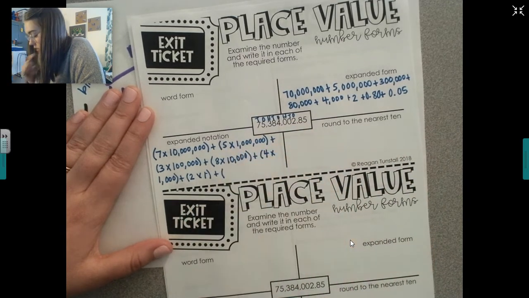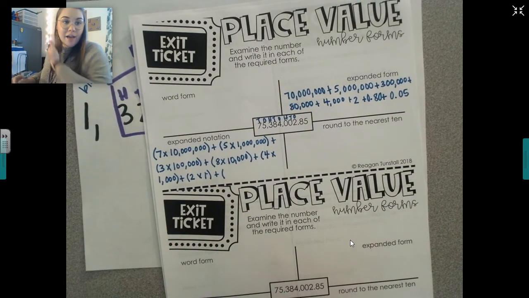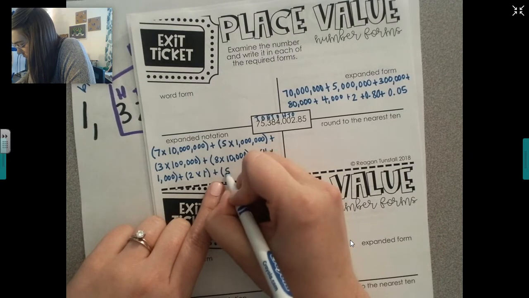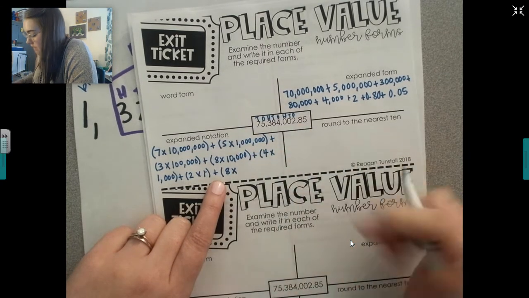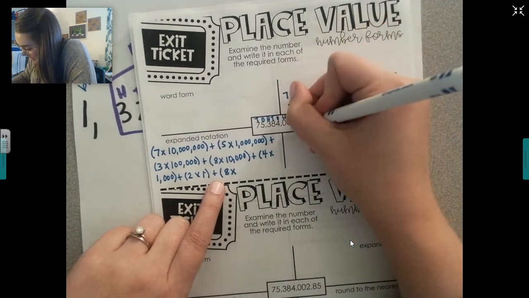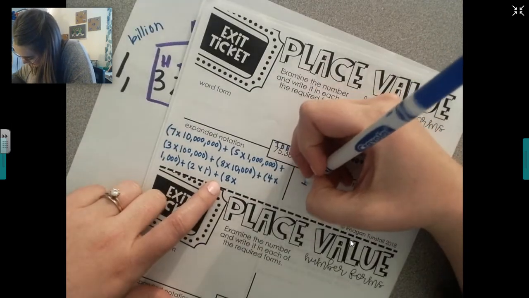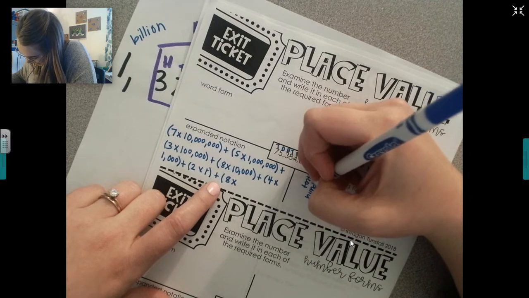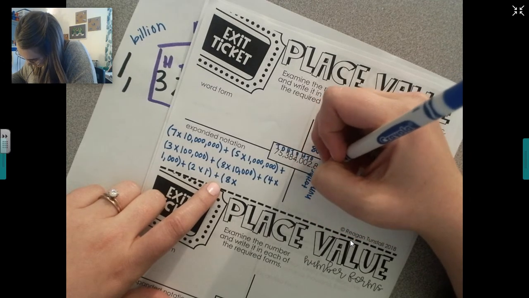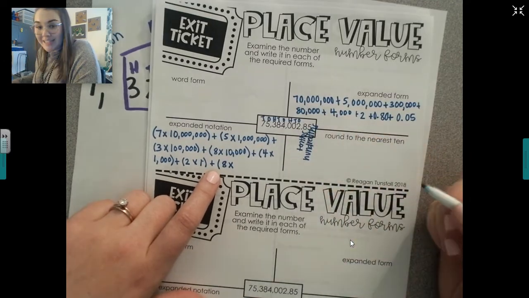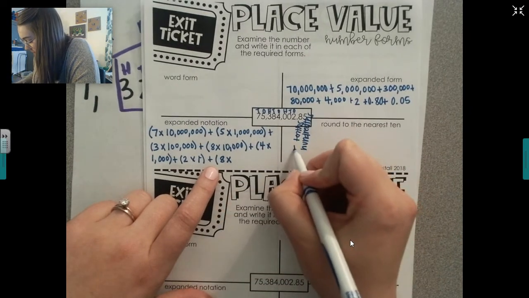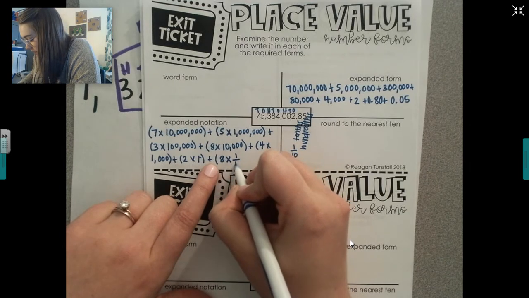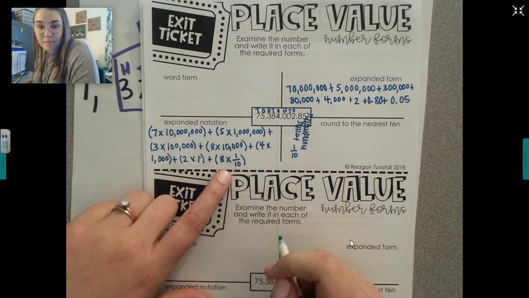Plus, now here's where it gets tricky. I have been teaching you guys to write it. Here's 8 times whatever place value it's in. This is in the tenths place, and I'm going to write that out. Tenths. This is in the hundredths place. You can represent the tenths place like this. So I could do 8 times 1/10.